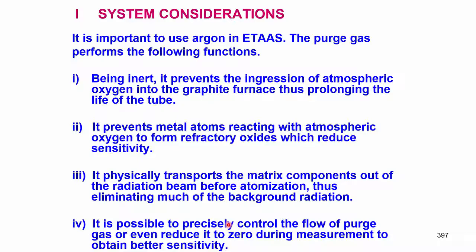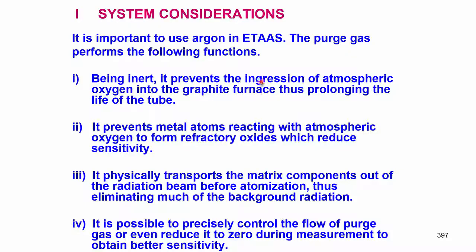So, the point here is, so long as I use argon, the materials produced from our sample get swept away. Now, when I want to make a measurement, I can stop the argon flow and the atomic cloud that forms inside the tube will not move. It has to move only through diffusion, because if I stop the argon flow, the atomic cloud will be held longer inside the tube. That means I can make the measurement for a longer time.